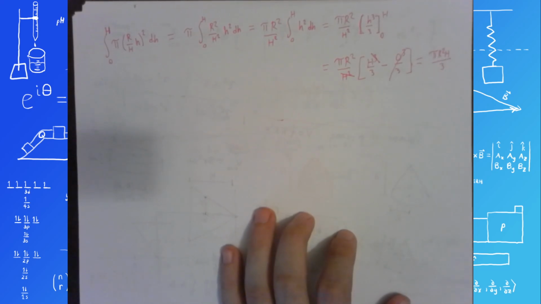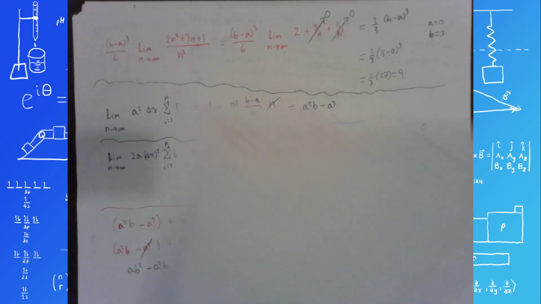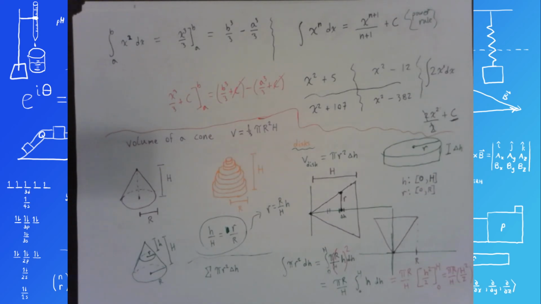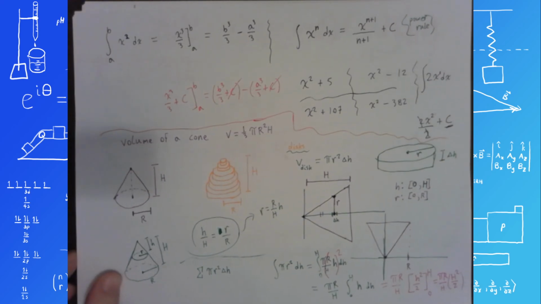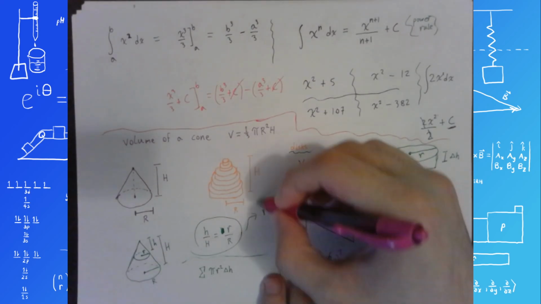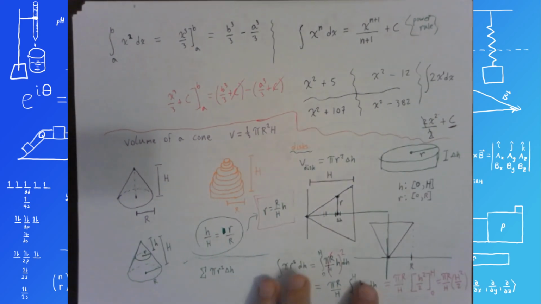Or 1/3 pi R squared H. That is the volume formula for a cone. Now we could change the variable of integration. We could change this dH into a dr, and that actually still uses this over here.